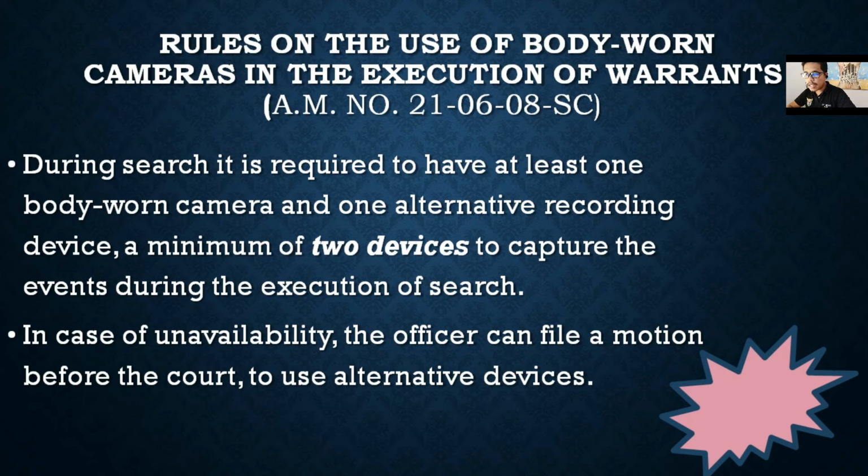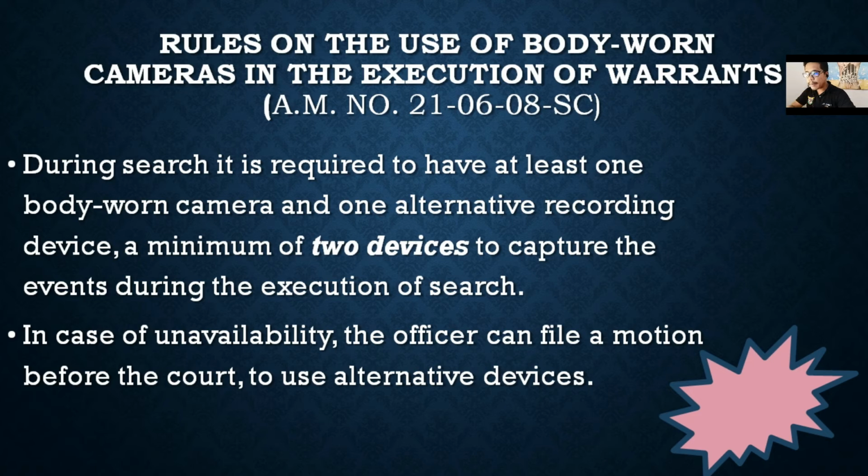During the execution of the search, there should be at least, number 1, one body-worn camera, and number 2, an alternative recording device. You can use a cell phone as a recording device.